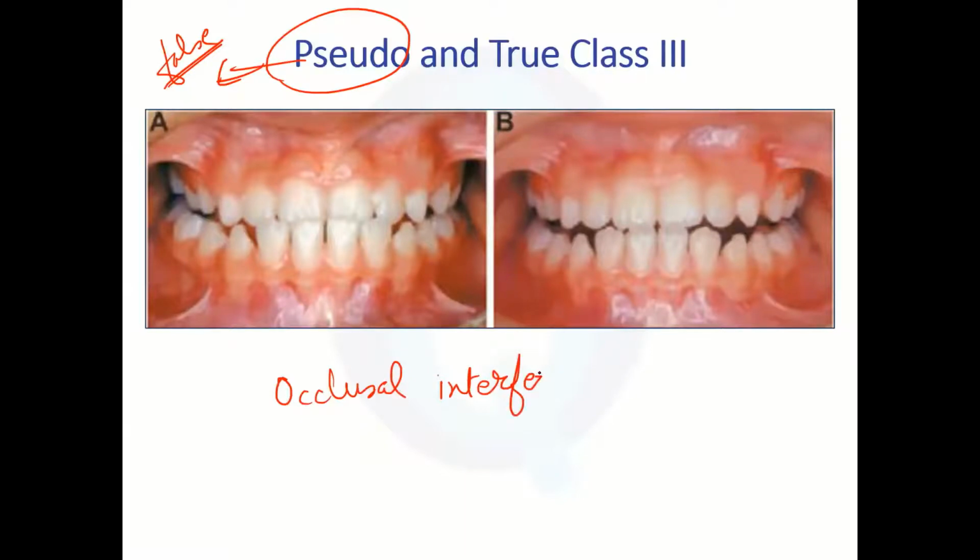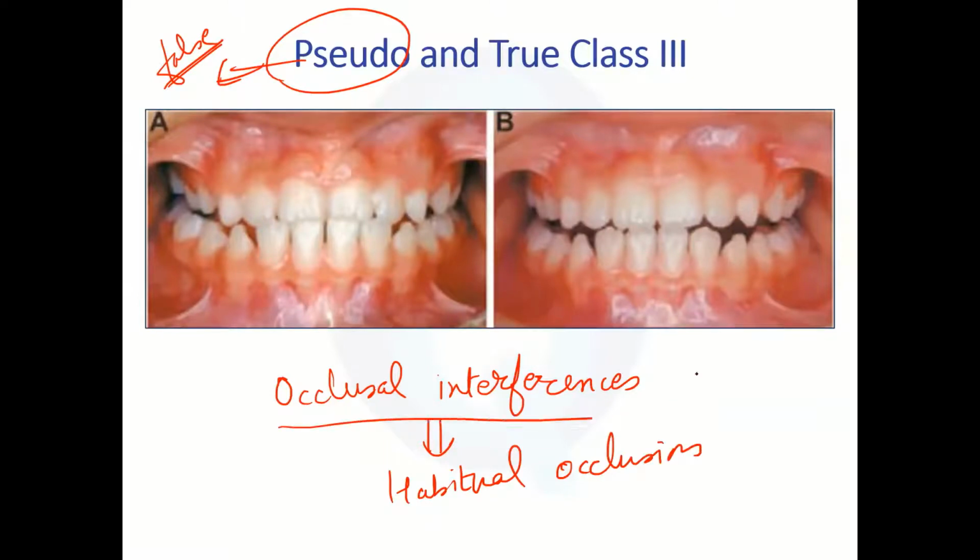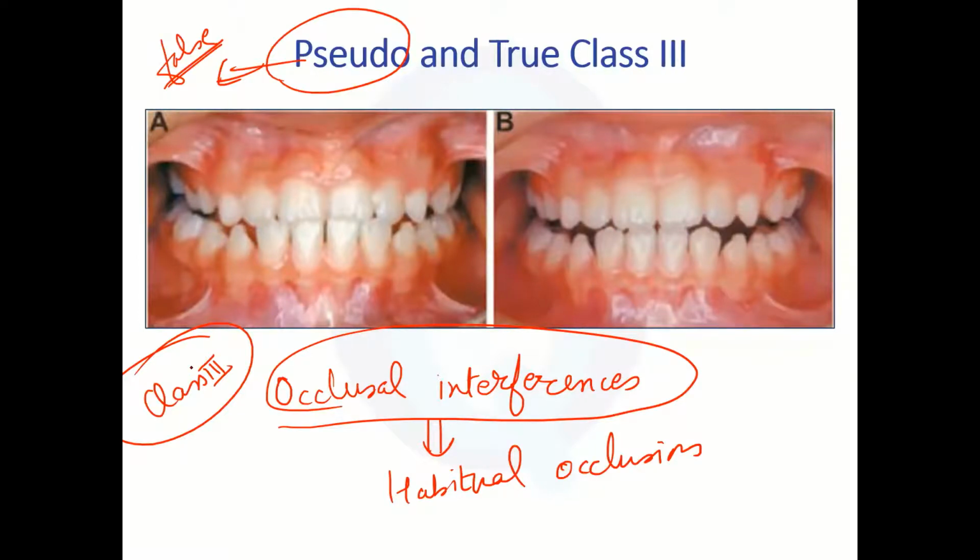When there are occlusal interferences, the patient tries to close in habitual occlusion, which is class 3.